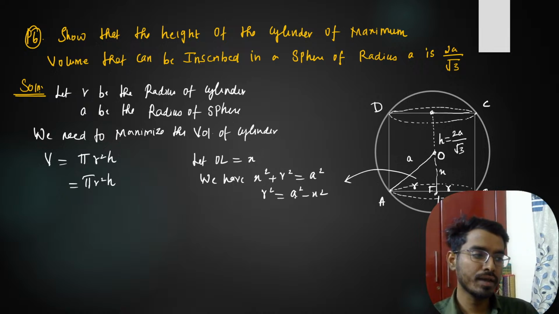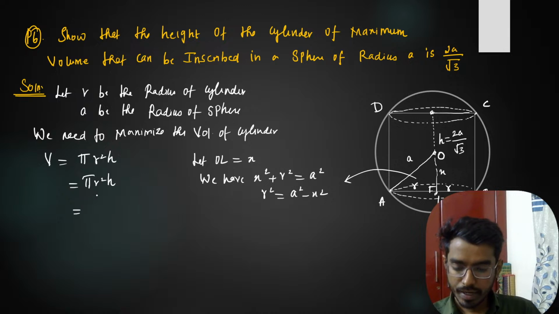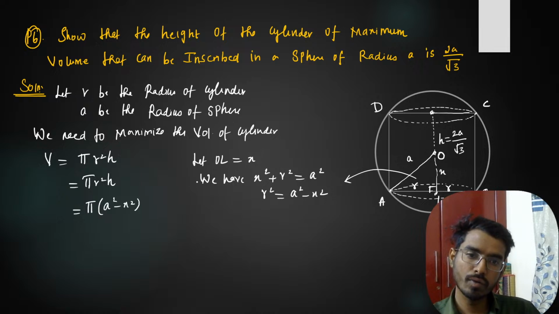So from this right angle triangle, I can write this as pi into r square, which is a square minus x square, and the height of the cylinder is nothing but 2 times OL.